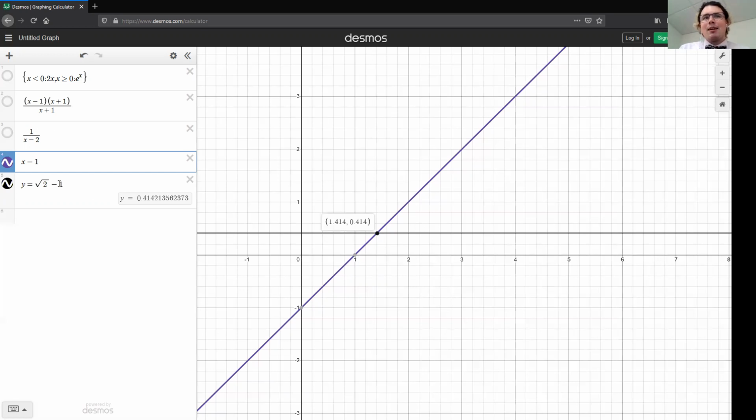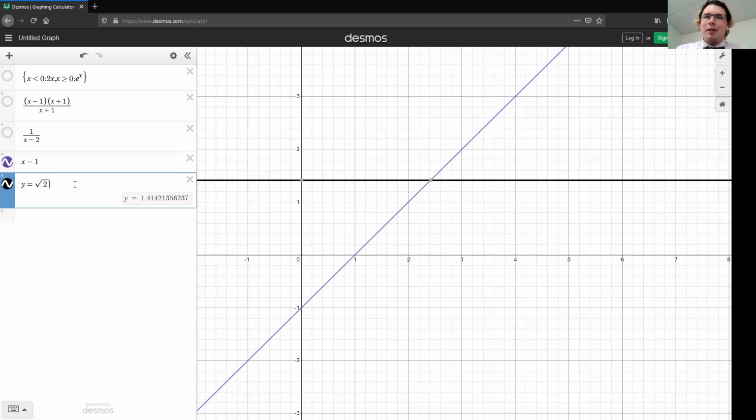Now, the thing to notice here is that my c value, my x coordinate where my function crosses the line that I want, was in between 1 and 2. When my y value was too large, it was outside of this range.